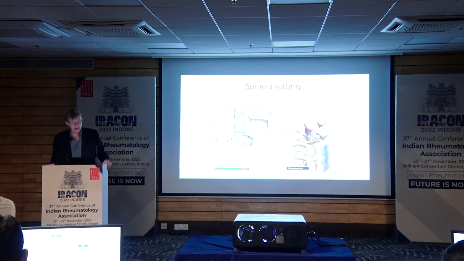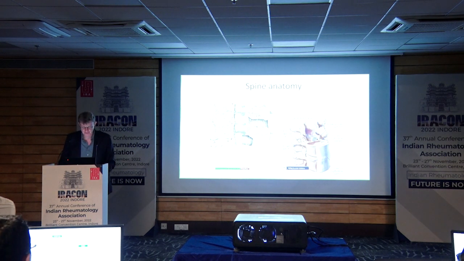If you look at the anatomy first, then we're looking at vertebral bodies, which in this section are more or less squared with some concavity on the front. You will have a ligament running here, the anterior longitudinal ligament and the posterior longitudinal ligament. And then you have the disc in between with a core of soft mass and the outer fibrous part.